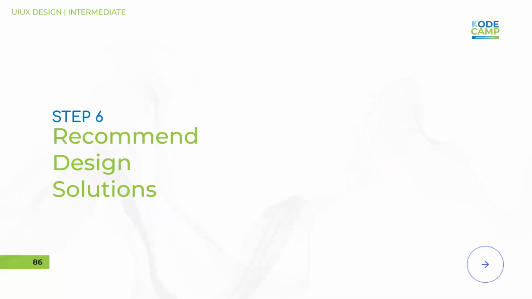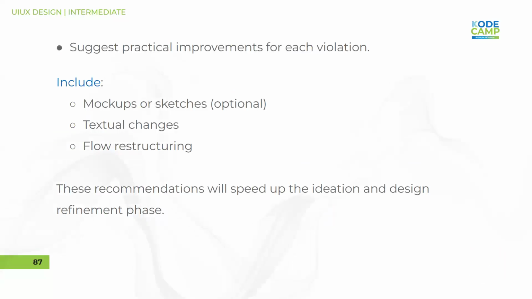So we proceed. The third step is to recommend design solutions. After going through this process, what are your recommendations? What do you think should be done? Suggest practical improvements for each violation, including mock-up sketches, textual changes, flow restructuring, and the rest. These recommendations will speed up the ideation and design refinement phase.